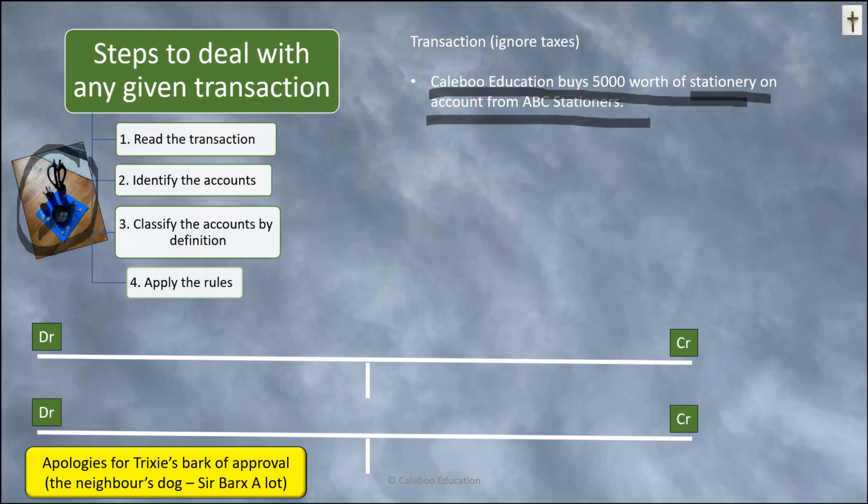So steps to deal with the transaction: read the transaction. We've done that. Identify the accounts involved. So we're looking here. We bought stationery.